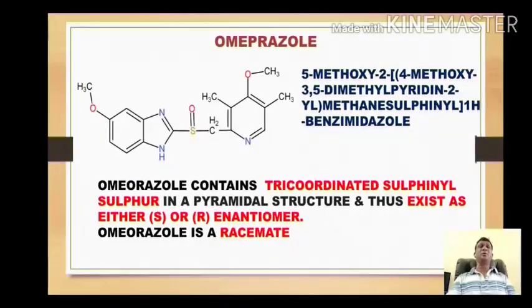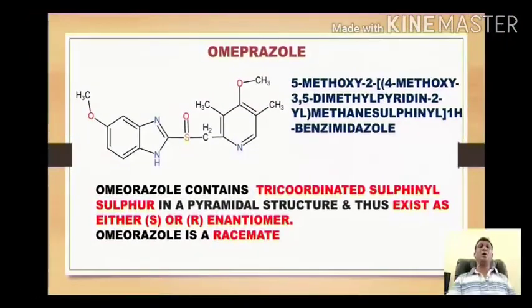Such enantiomers we have so far seen with compounds having a chiral carbon. Here in this case we have a chiral sulfur atom, due to which 2 isomers are possible, S and R. The therapeutically effective omeprazole is a racemate, which means it consists of both the S and the R isomers.